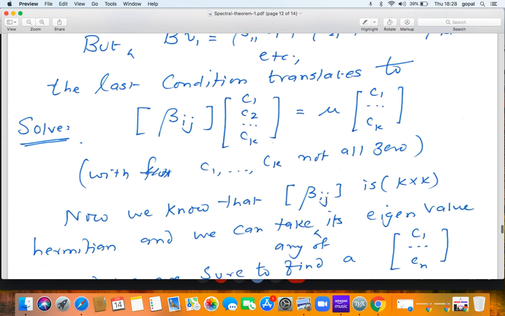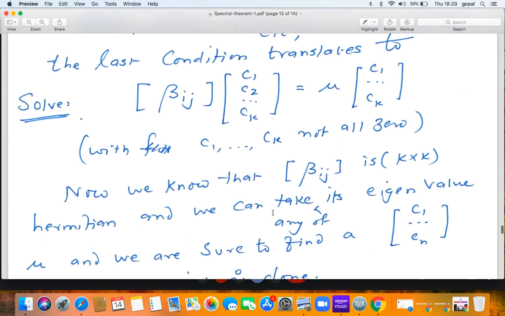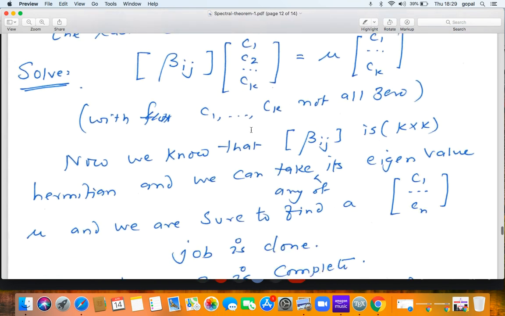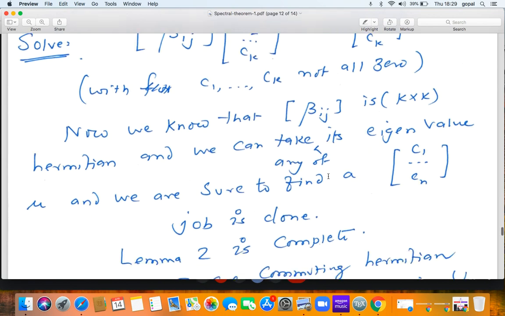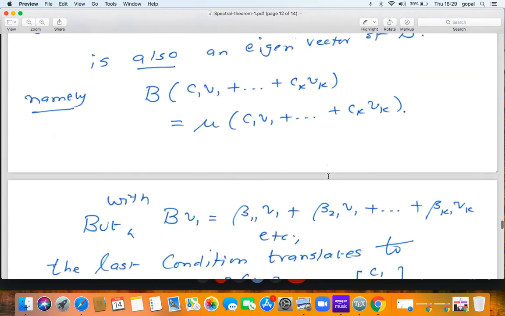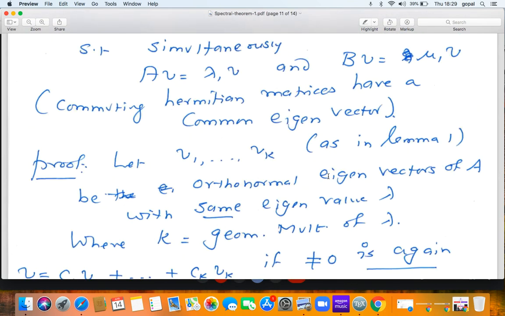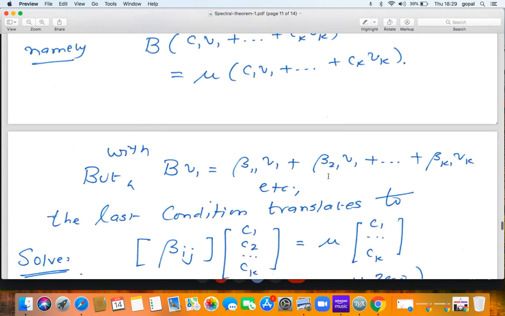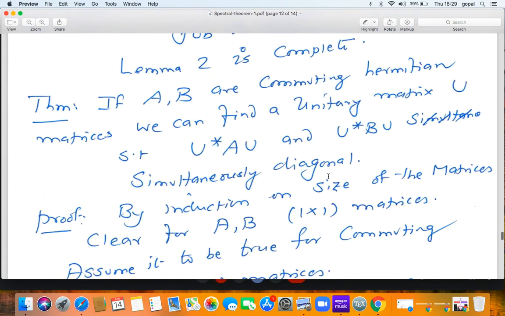But we know beta is a K by K Hermitian matrix. Of course, you can take its eigenvalue and the corresponding eigenvector, and that does the job for you. So our problem of finding constants C1, C2, Ck not all zero has been done. The job is complete. Lemma 2 is complete. So we have proved that commuting Hermitian matrices have a common eigenvector. Now we are ready to prove the theorem.